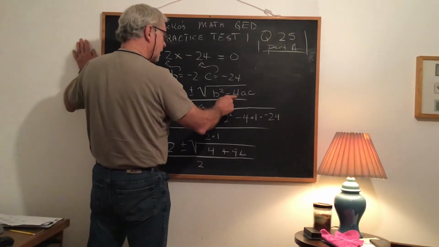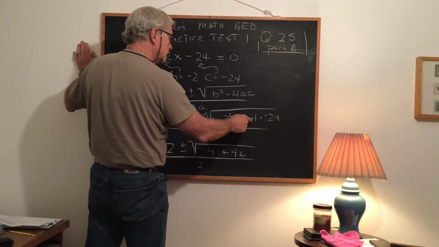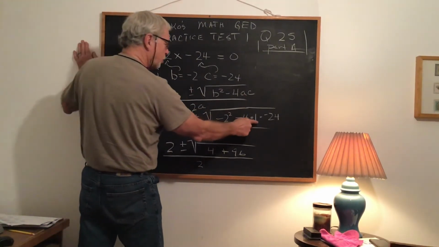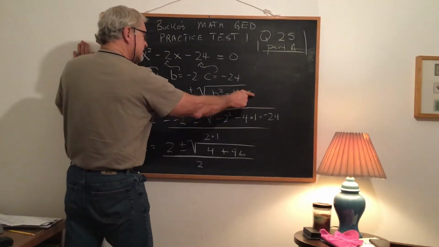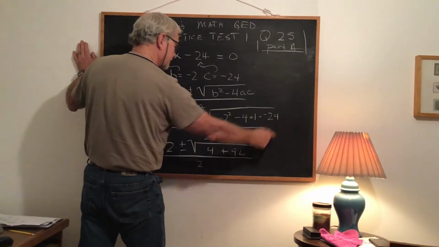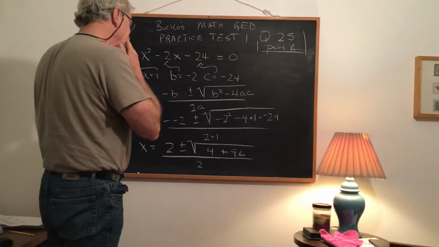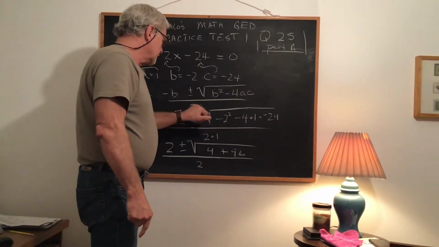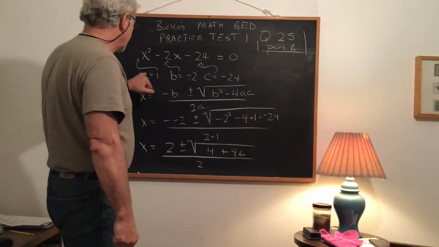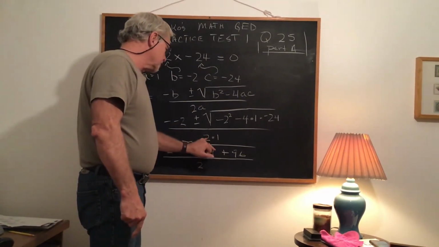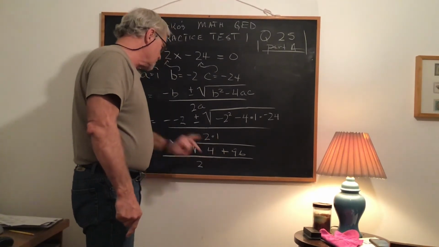So then another plug in, minus 4 times a, and a is 1, so you plug in your 1 there. And c is a negative 24, so you plug in your negative 24 there and take a ride. And then all over 2 times a, and a we said is 1. So this all collapses. 2 times 1 is 2 down here.